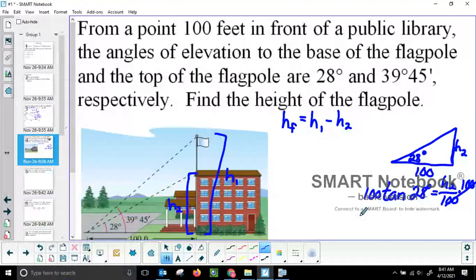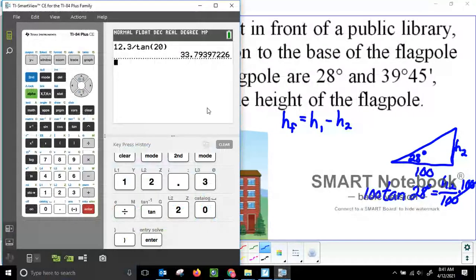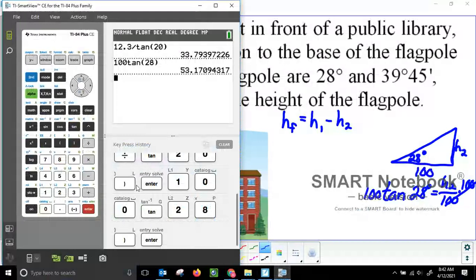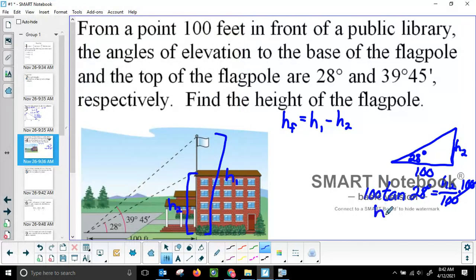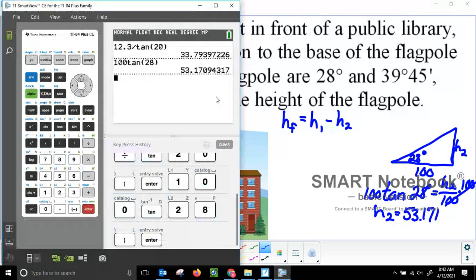Again, we can go to our handy-dandy calculator. We still want to be in degree mode since this angle is in degrees. So we simply say 100 times the tangent of 28 degrees, and we get 53.171.